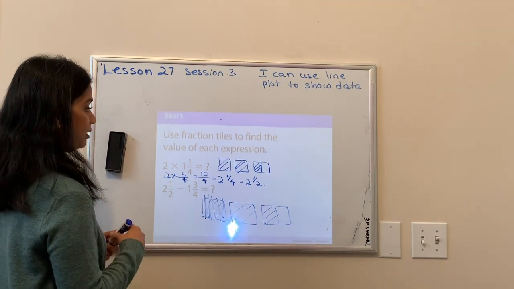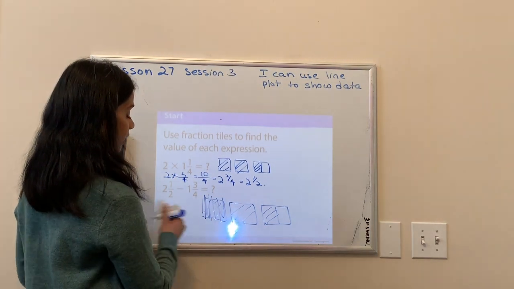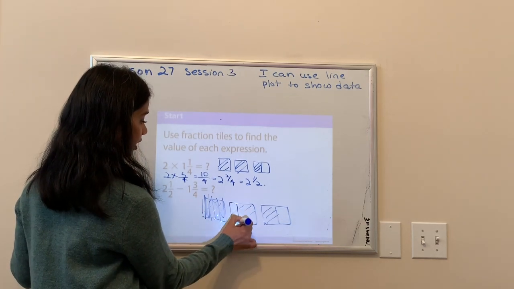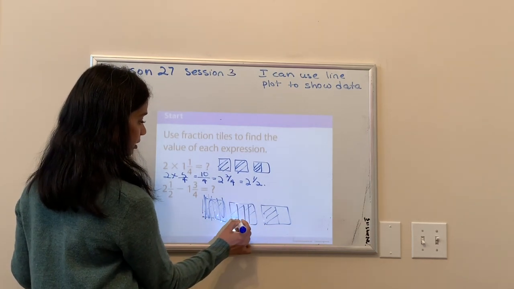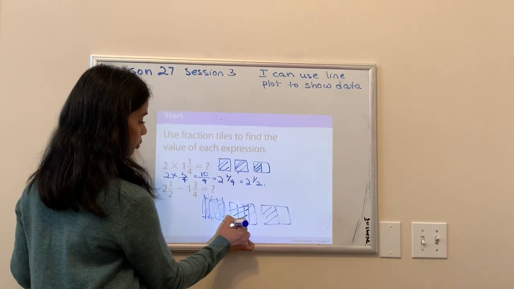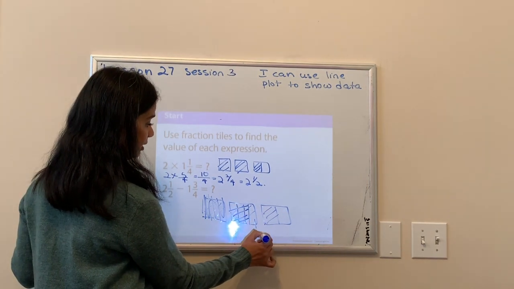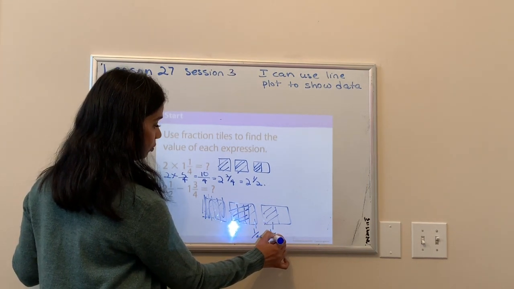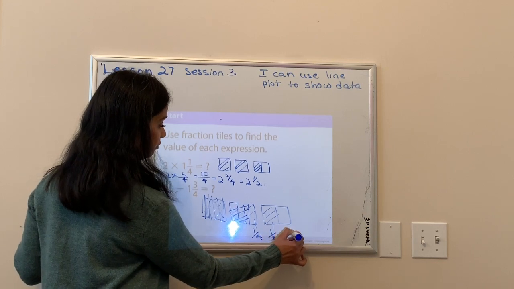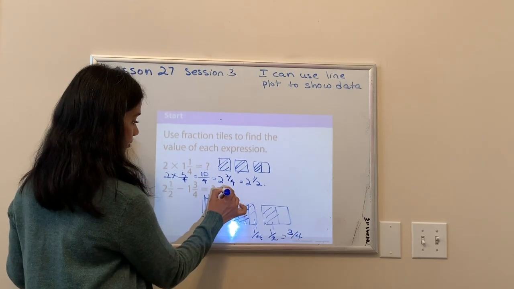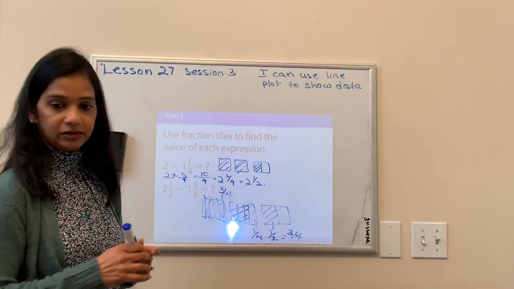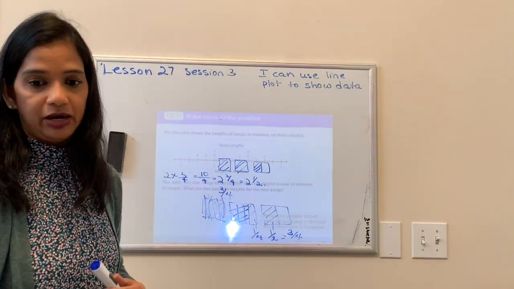And then I'm gonna minus 3/4 of this guy, right? So I'm gonna have to do this like this, and then minus 3/4. So I'm left with 1/4 and 1/2. So 1/4 and 1/2 is going to give me 3/4.